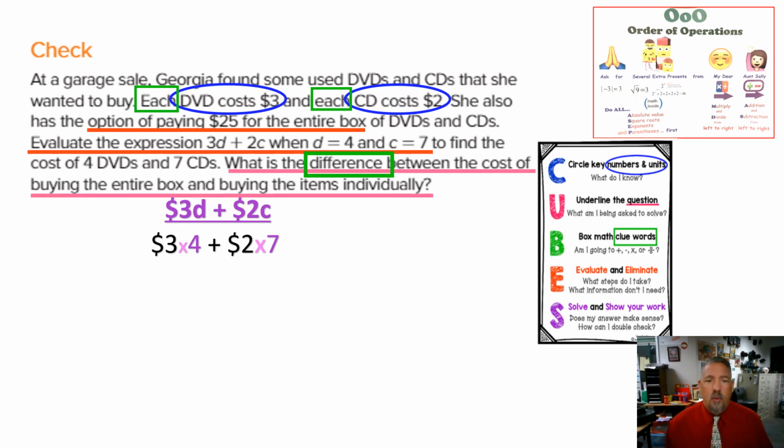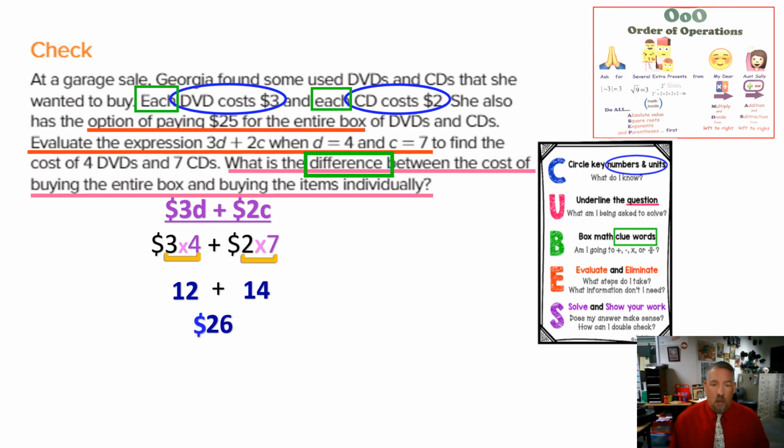And I'm adding that to 2C, the CDs were $2 each. That's what the 2 is, and it tells me there are 7 of them. So I'm going to take 2 times 7. Now I'm just going to multiply them from left to right. Addition in the middle, so I can skip that. So 3 times 4 is 12, and 2 times 7 is 14. I bring down my addition. Easy math. 12 plus 14 is 26.